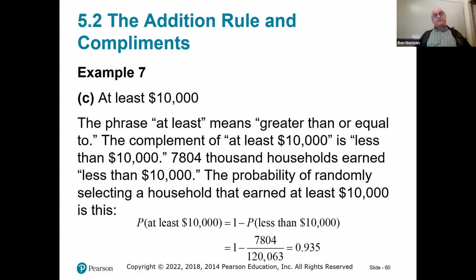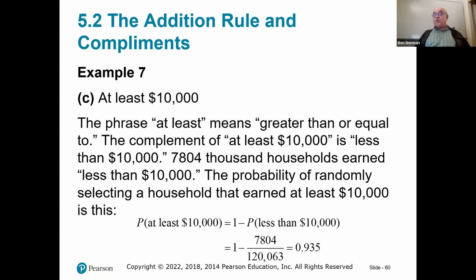What I didn't have to do here is add up all of the households that satisfied at least 10,000. I just needed to recognize that at least 10,000 has the complement less than 10,000. And guess what?